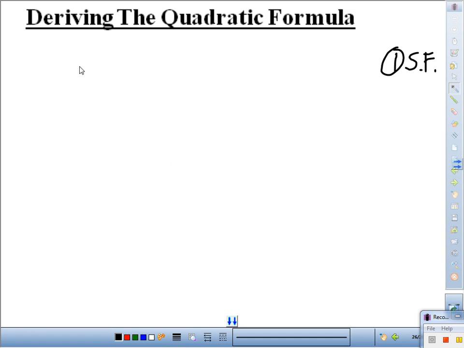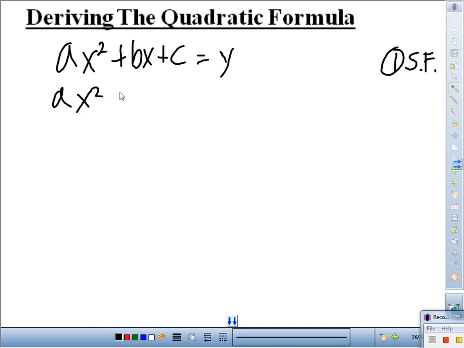Okay, you should have written ax squared plus bx plus c equals y, and then you wrote it again, ax squared plus bx plus c equals 0. Hands if you got that. It's always going to be like that. There's only one way of deriving, yes. For right now, that's what you're going to learn.